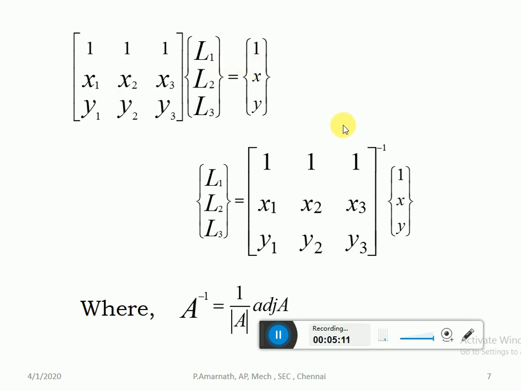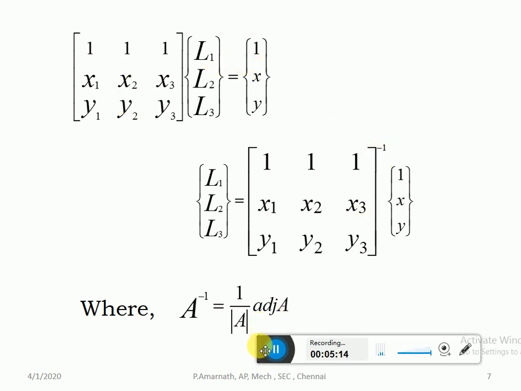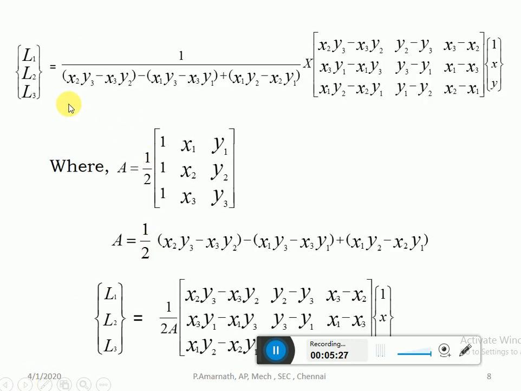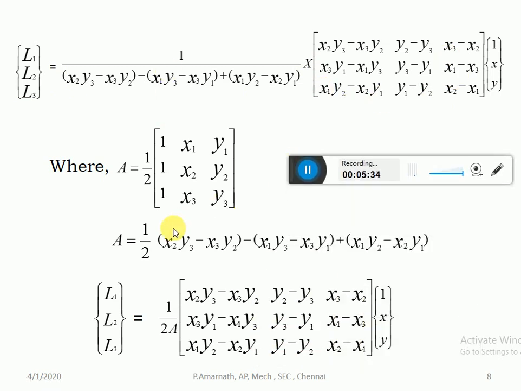We take this to the right hand side and get the inverse, using the same formula: A inverse equals 1 by determinant of A times adjoint of A. With this we find the values of L1, L2, L3, which equal 1 by 2A times the matrix with entries x2 y3 minus x3 y2, y2 minus y3, x3 minus x2; x3 y1 minus x1 y3, y3 minus y1, x1 minus x3; x1 y2 minus x2 y1, y1 minus y2, x2 minus x1, multiplied by [1 x y].